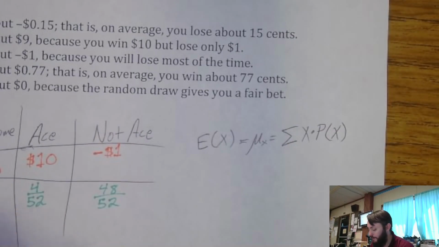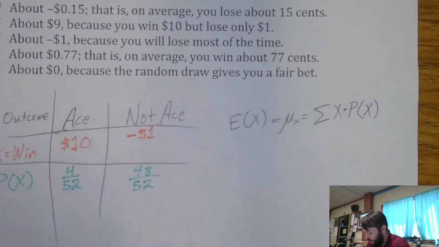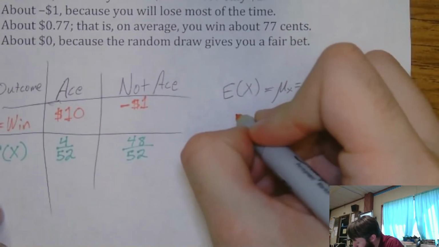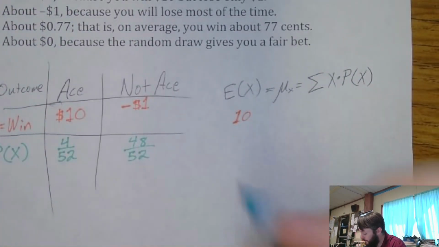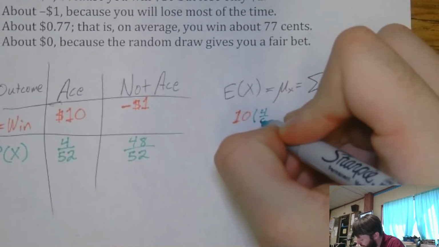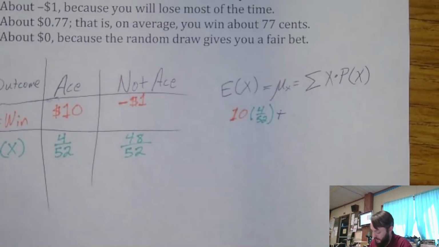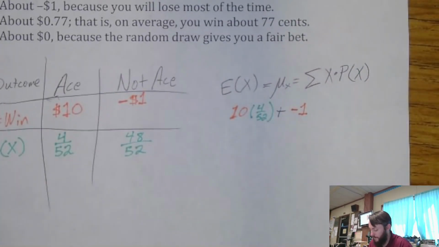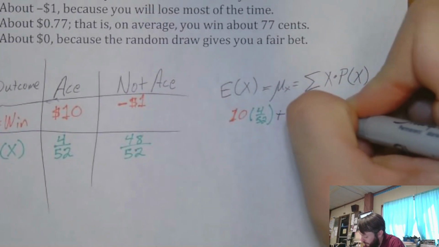So we're going to have our $10 as the first amount, and that gets multiplied by its probability, 4 over 52. And then to that, we are adding the negative $1 with a probability of 48 out of 52.